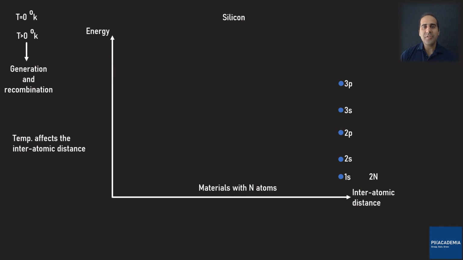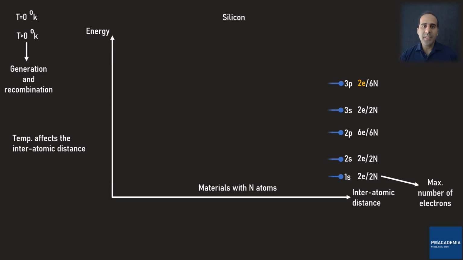A state refers to the maximum number of electrons a sublevel can host. 2s has 2n states, 2p 6n states, 3s 2n states, and 3p 6n states. All the states in all the sublevels are fully occupied except for 3p. In 3p, only 2 states are occupied by electrons and the rest is empty.